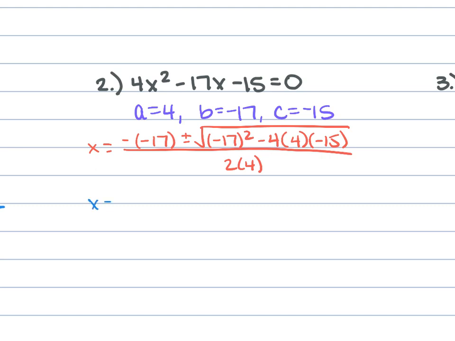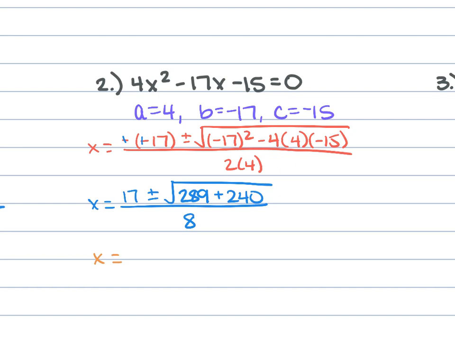So this is going to give us a positive 17 plus or minus the square root of 17 squared is 289 minus 4 times 4 is 16 times negative 15 is a positive 240 all over 8.